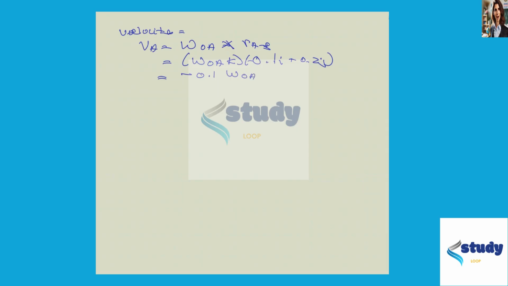And then we're going to get the velocities. So VA will get this times RA over B, and this will equal angular velocity of OA K times negative 0.1 I plus 0.2 J. And that will give me negative 0.1 plus 0.2, or minus 0.2.